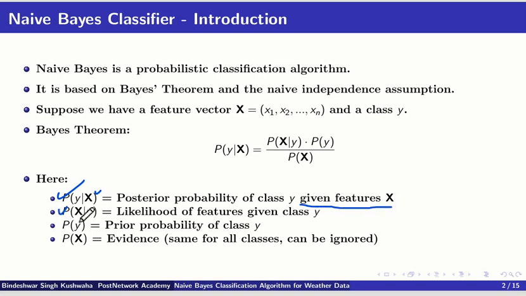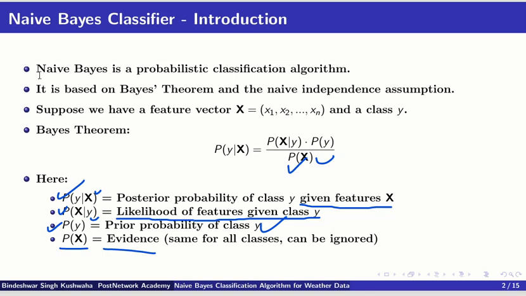P(x given y) is the likelihood of features given class y, and P(y) is the prior probability of class y. And P(x) is the evidence, which is the same for all classes and can be ignored. In some textbooks or tutorials you might have seen that they do not consider P(x) and it does not affect the result.